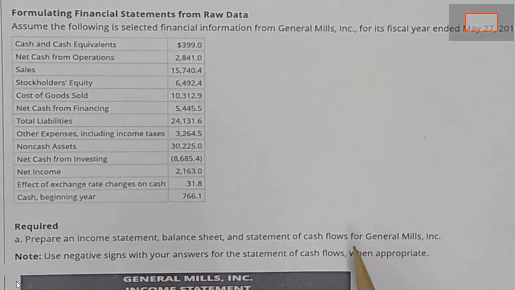And we see their information here. The good news is we don't have a whole lot to do in the way of calculations, but we do have something that we need to do. We do have a lot more to do when it comes to classification.